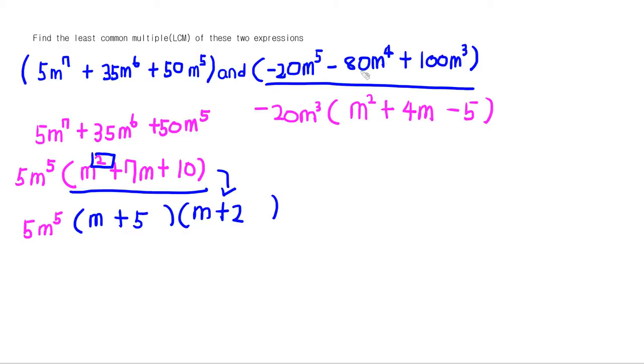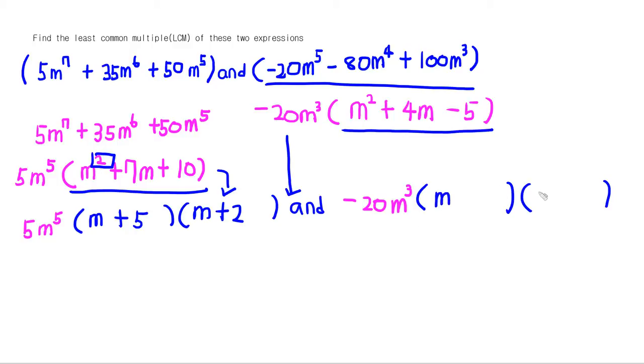We can also simplify this. I'll write it down, and I'll write it in pink color so as not to be confused with the other. Negative 20m to the 3rd power, and multiply. We can make it into binomials because we also know that this is a quadratic. So it's going to be m and m, and if you multiply two numbers, it should be negative 5, and if you add them together, you are going to get positive 4m.